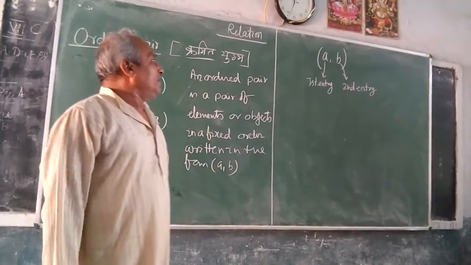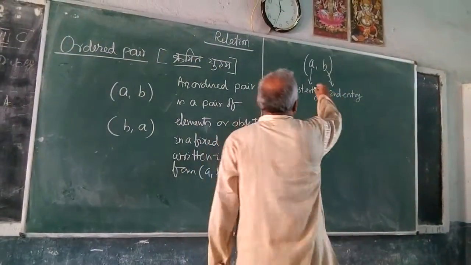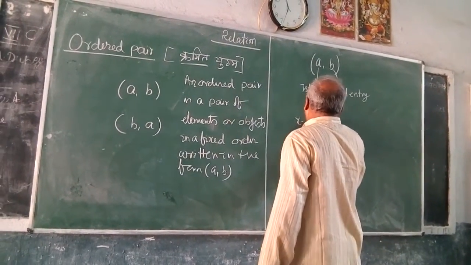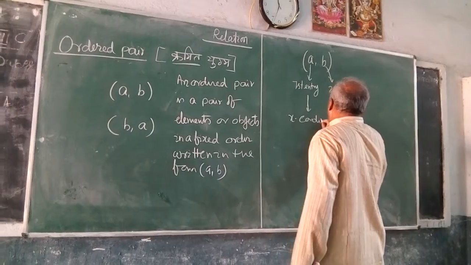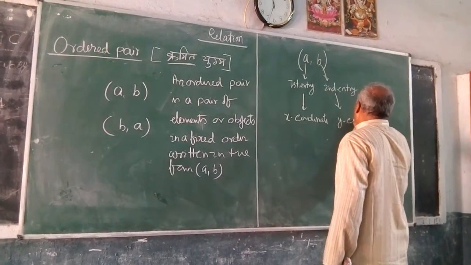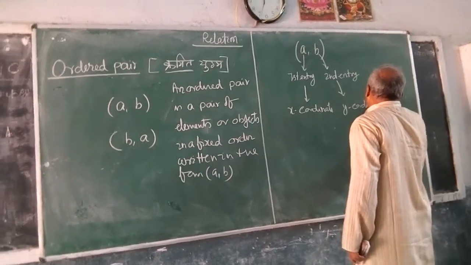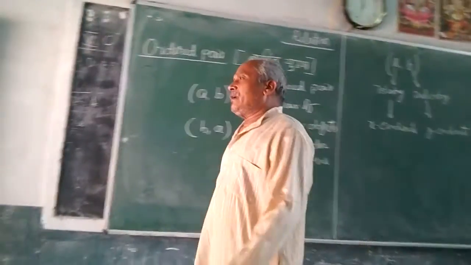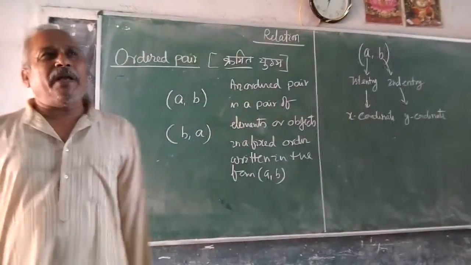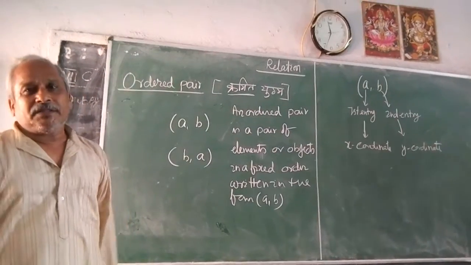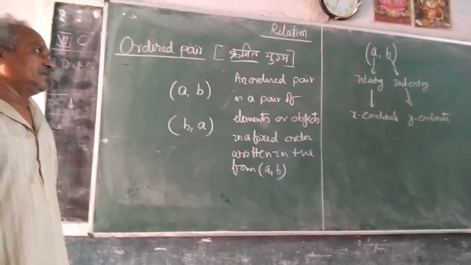In that case, this A is called the x coordinate, and B is called the y coordinate in case of a plane. But the ordered pair may be a point on the plane or may be an independent pair of two elements. This is called an ordered pair.